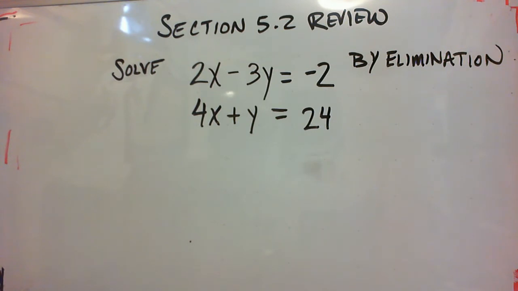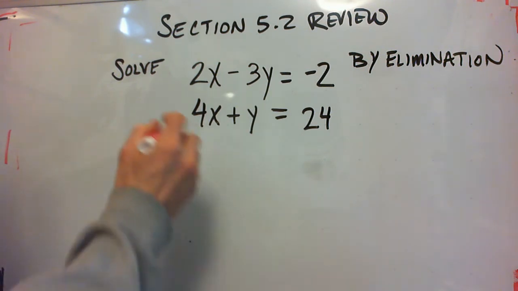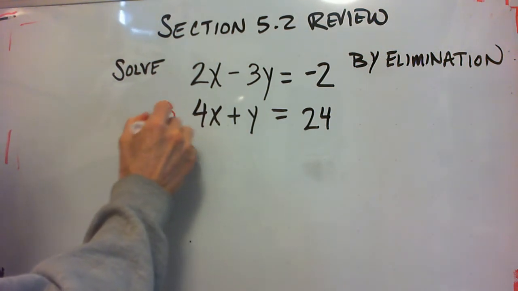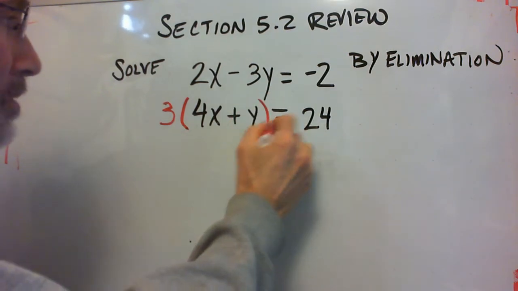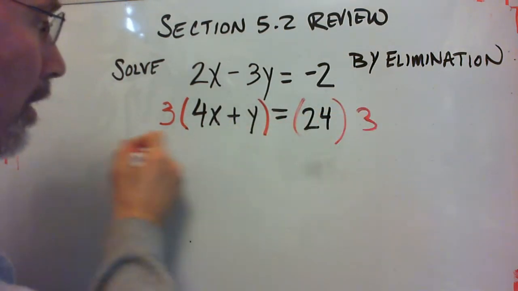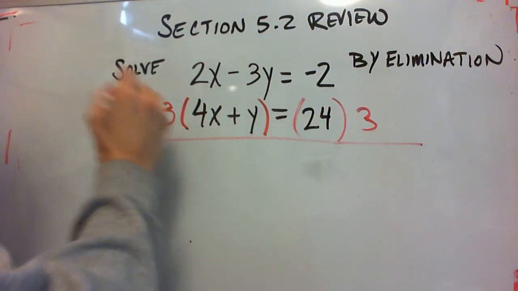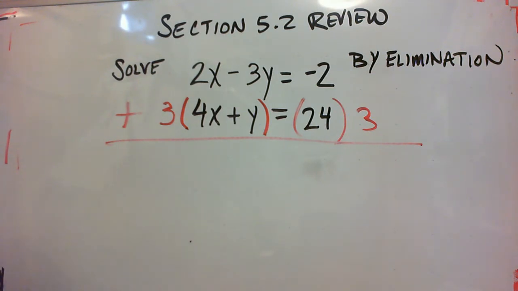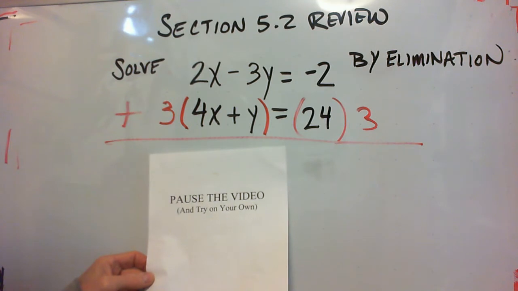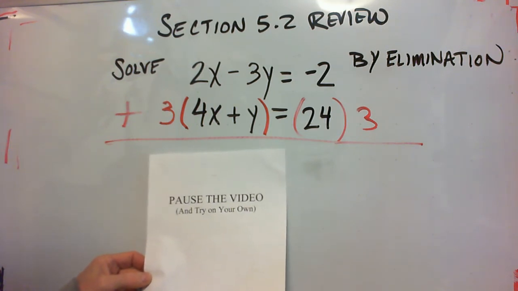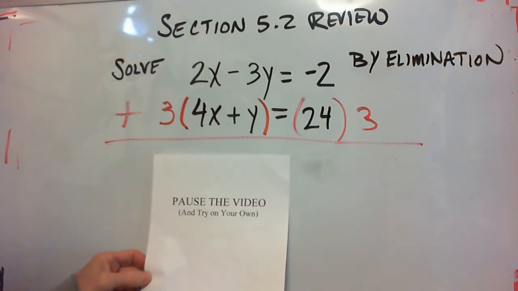You can do it either way, and I would probably suggest doing the positive 3 here. So multiply both sides of this equation by positive 3, then add equations. So do that multiplication, add the equations, eliminate the y variable, and solve for x.